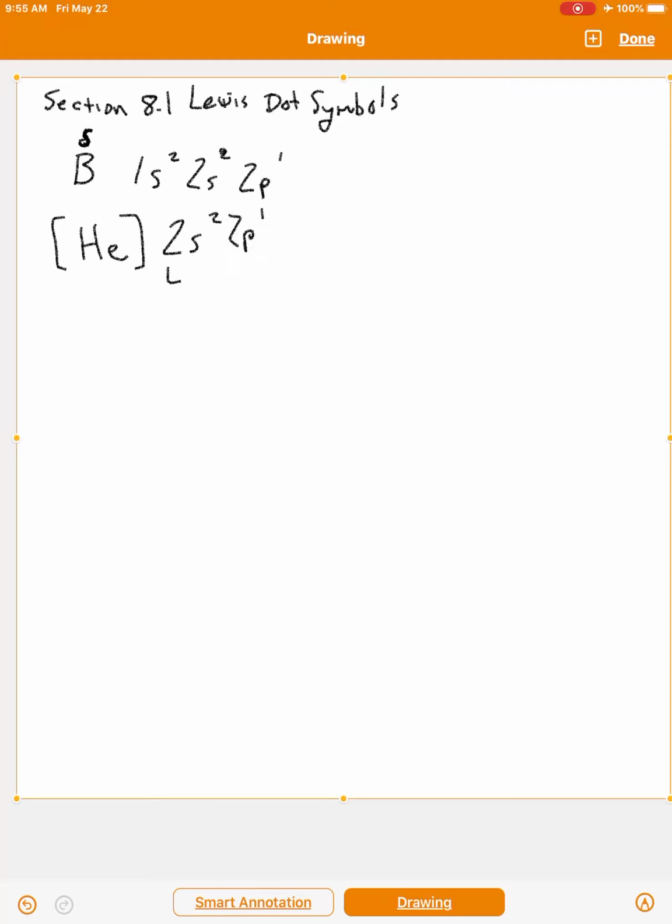Now this is the outer shell, n equals 2. So we would say that it has 3 valence electrons. What Lewis noticed is that we could represent these valence electrons as particles.